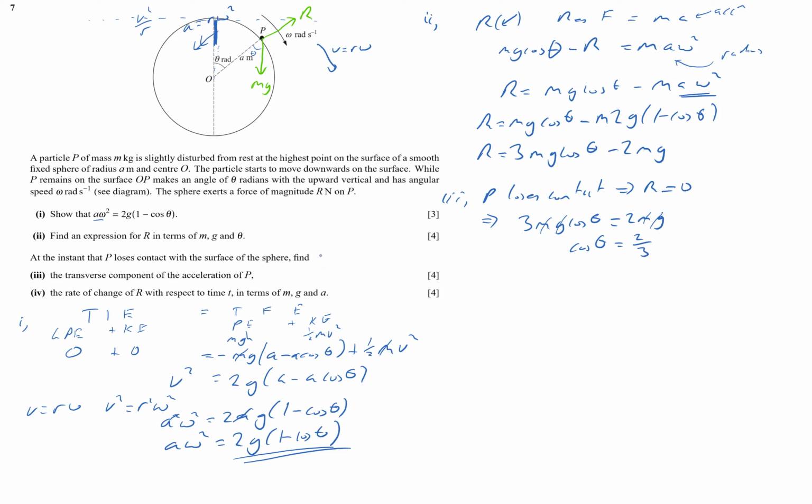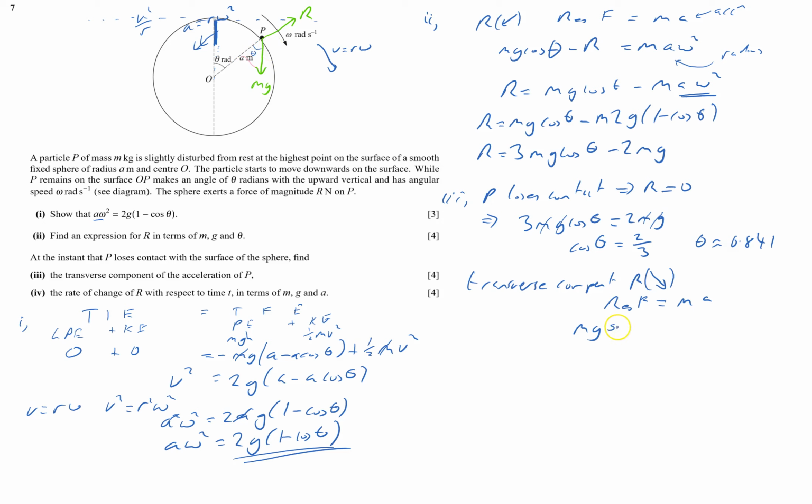So got that bit, and we want the transverse component of the acceleration. So theta is approximately 0.841, and we want the transverse component. Therefore we need to resolve tangentially, so in that direction there, and of course resultant force equals mass times acceleration, and so mg, and the bit we want is that bit there, so that'll be mg sin theta.